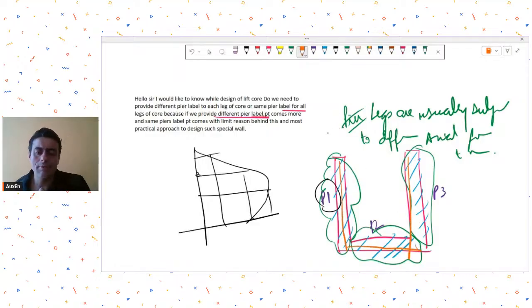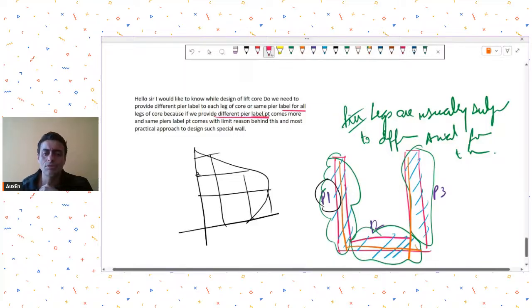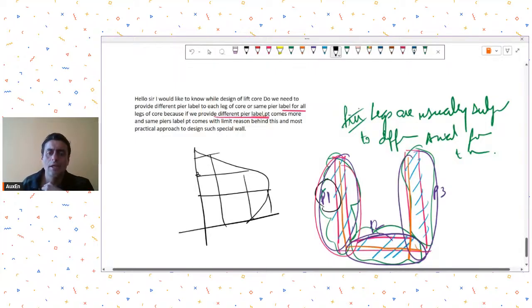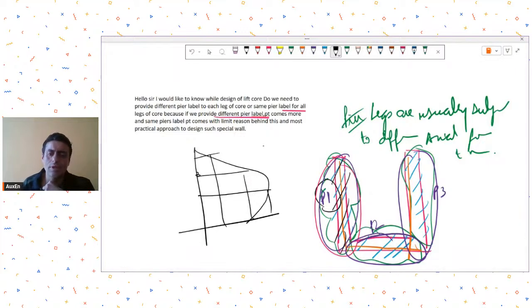So it is always recommended that you should consider these different pier labels. You should consider these different legs as independent elements, and then for each leg, whatever is the axial force and bending moment, you find out the reinforcement percentage accordingly. So that means assign different pier labels to the different elements of your wall.